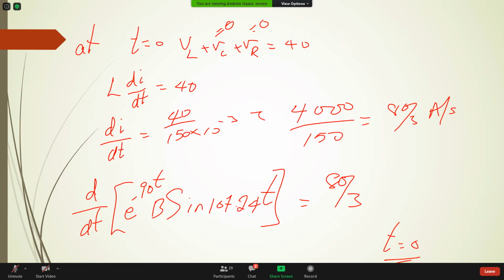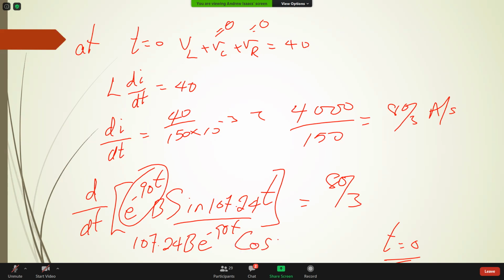If you use the product rule, you differentiate this times what you have there, and then you differentiate this. Therefore, the only part of the differential you would have to concern yourself with is 107.24 b e to the minus 90t cos 107.24t. In other words, only when you differentiate this.